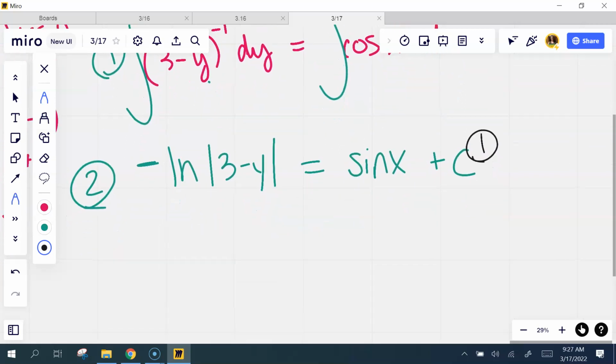The initial condition was, what was it? 0, 1. Plug it in and find c. Okay? So, negative log 3 minus 1, the sine of 0, plus c.